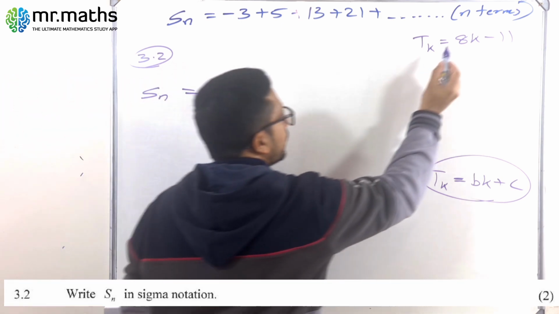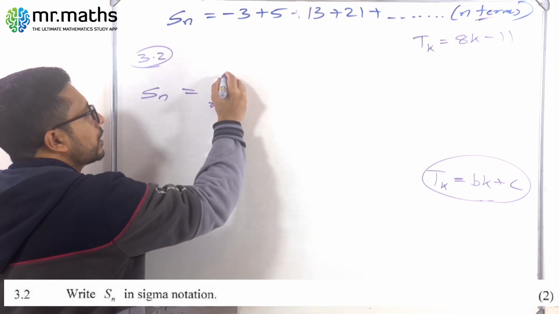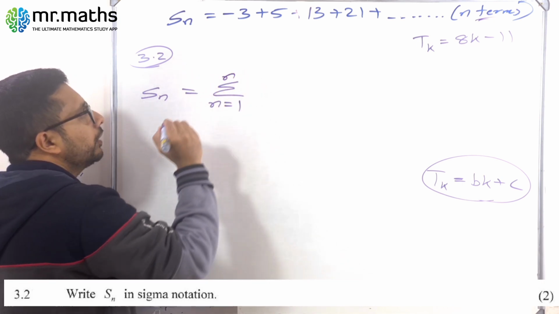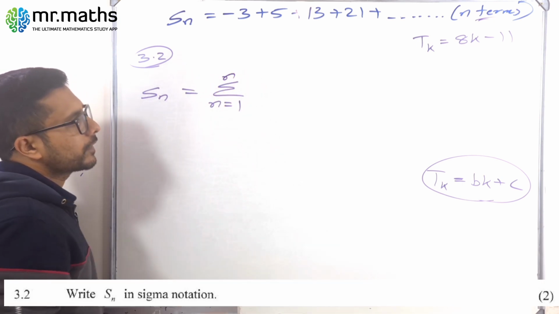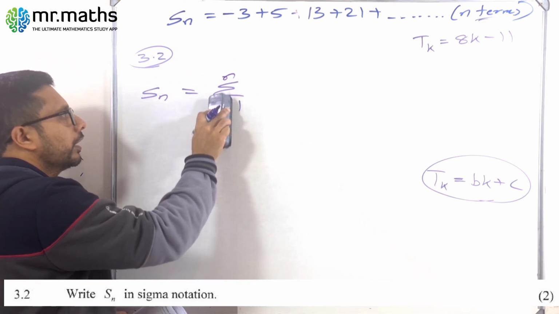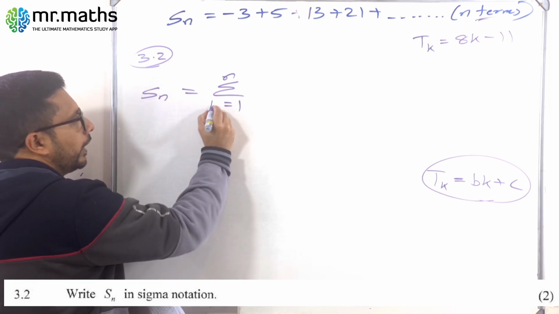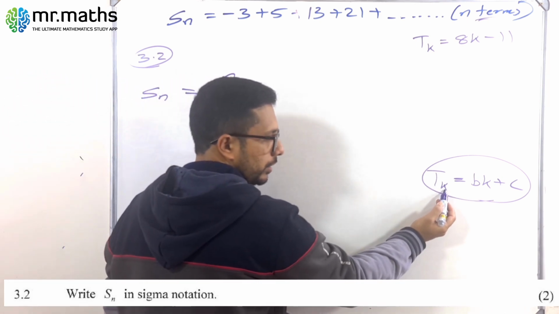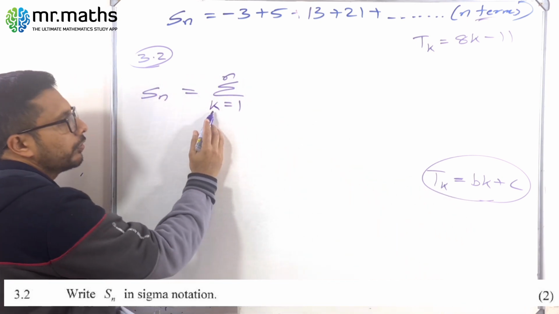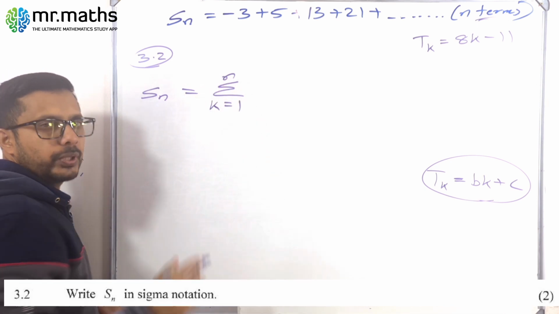Here it is written n terms. Instead of this n, since it is written in terms of k, we write sigma k is equal to 1 to n.